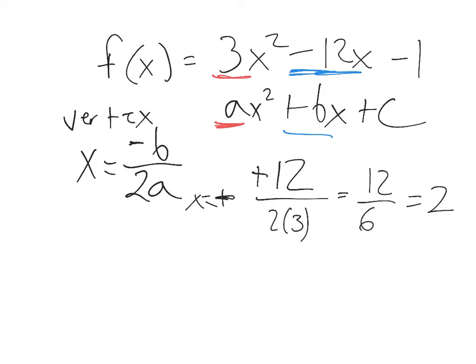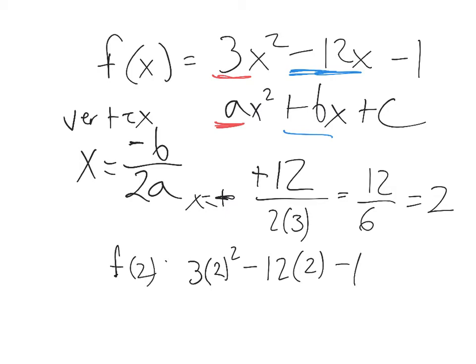Okay, now the last step to figure out my y value, I want to plug in 2 into 3x squared minus 12x minus 1. So I want to figure out what is y when x is 2.